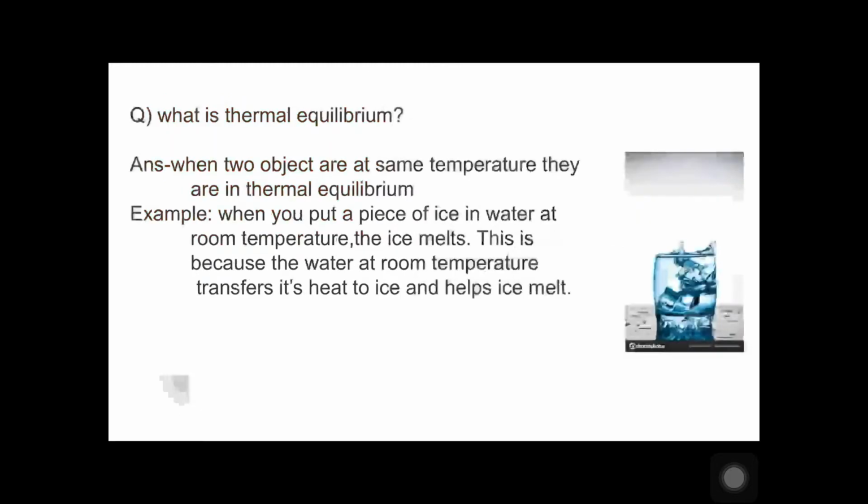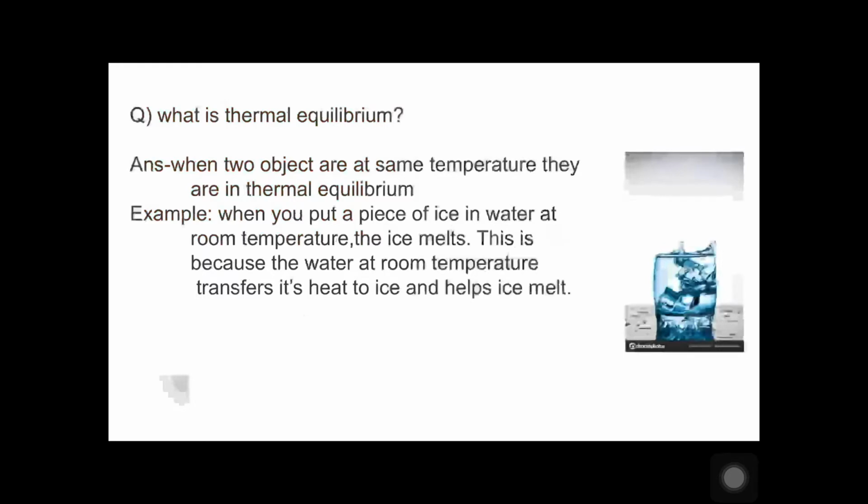What is thermal equilibrium? When two objects are at the same temperature, they are in thermal equilibrium. When you put a piece of ice in water at room temperature, the ice melts. This is because the water at room temperature transfers heat to the ice and helps the ice melt.